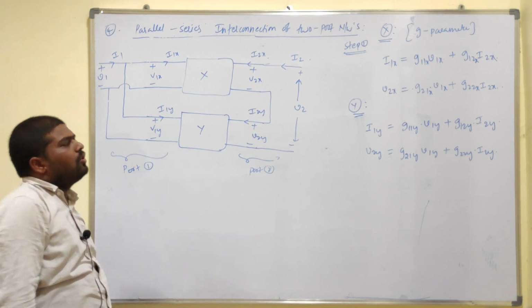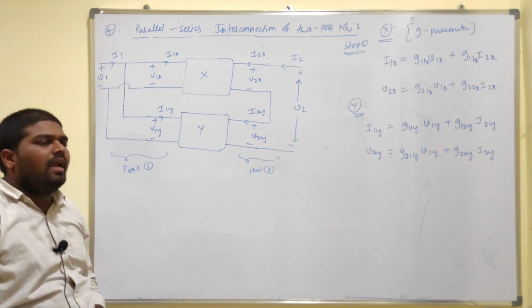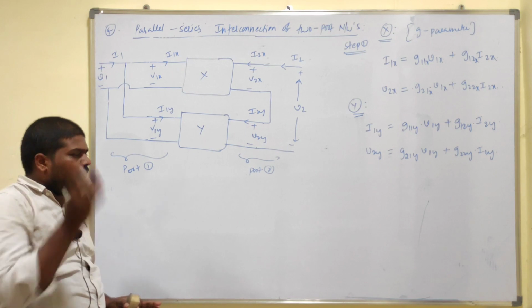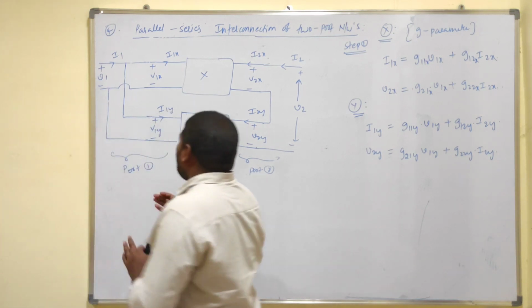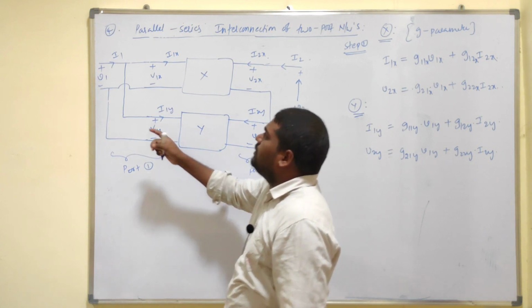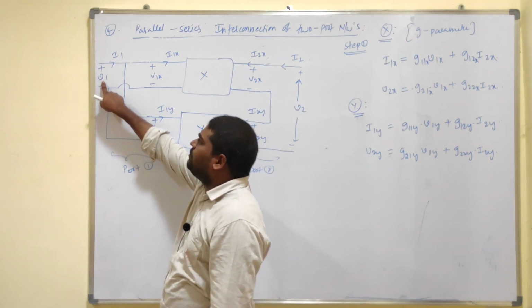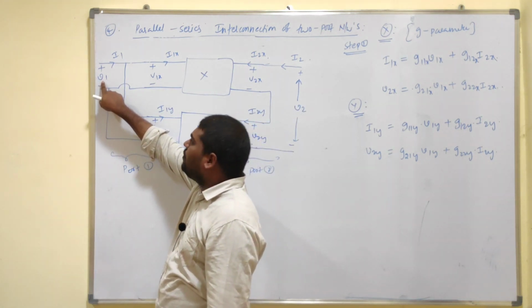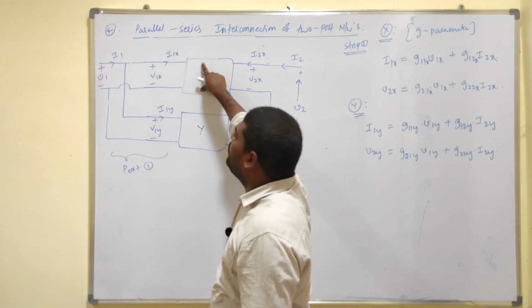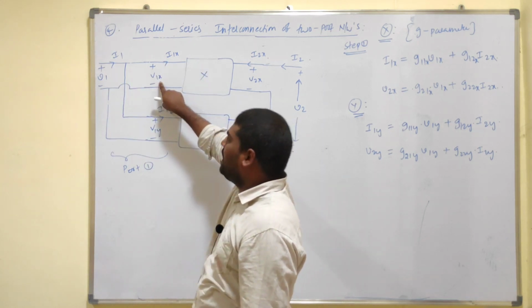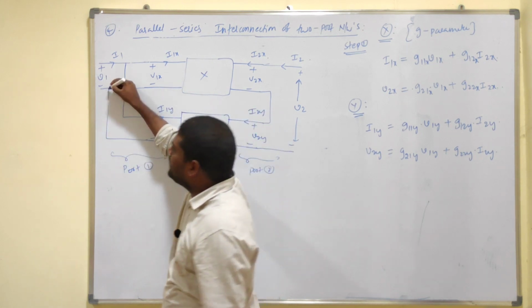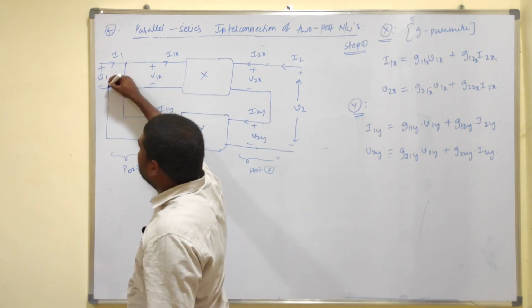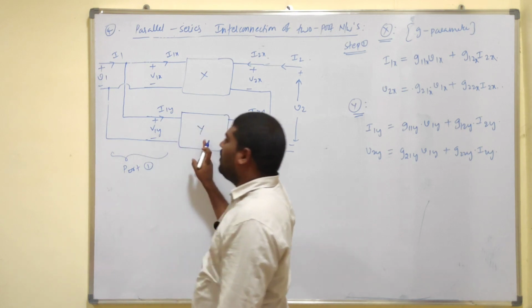From this two port network we can write some observations at port 1 as well as port 2. For example, if you consider port 1, the observations are: here v1 is the voltage drop across the x two port network, indicated with v1x, that means v1 equals v1x, and the same voltage is applicable for y network also.